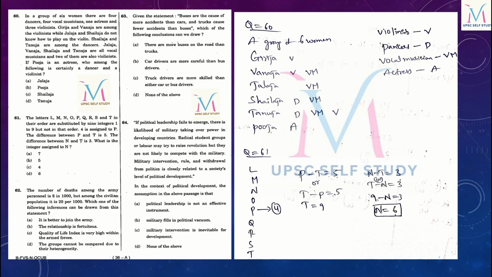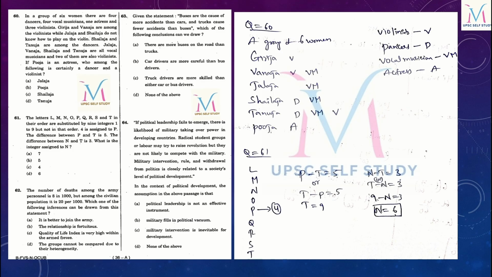And coming to 64: if political leadership fails to emerge, there is likely a military taking over power in the developing countries. Radical student groups or laborers may try to raise a revolution, but they are not likely to compete with the military.